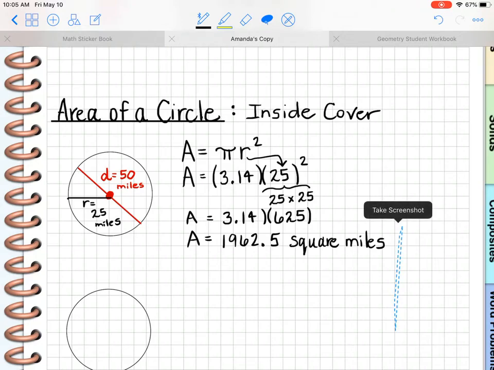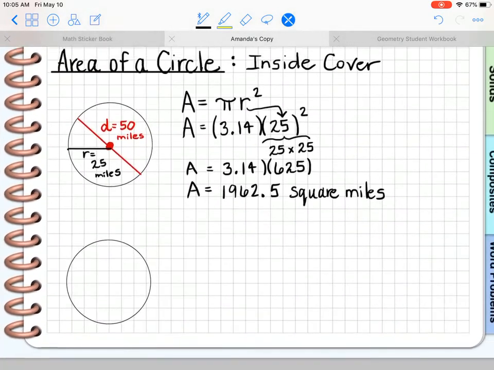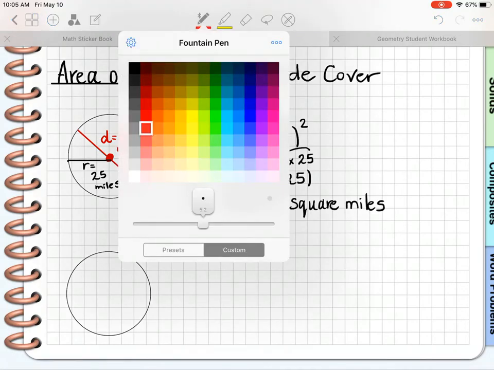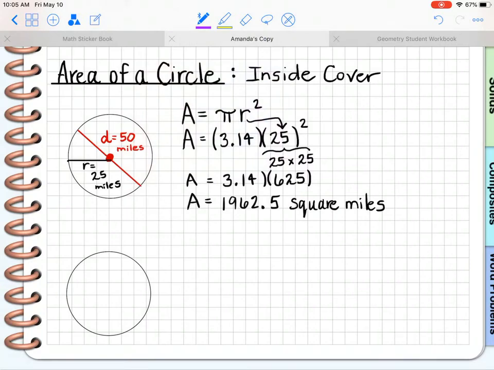Let's do a very small one. Let me tell you a different story on this one. Let's suppose that I work for a company and they have asked me to, this would never happen because I'm not artistic, but they have asked me to design a logo for our company shirts.